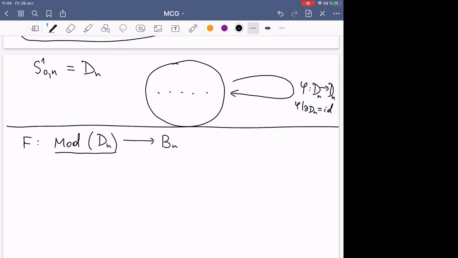Any such homeomorphism permutes the punctures in some way, and we can extend it to the punctures, so that we may think of phi as a homeomorphism of the whole disk to itself, such that phi preserves the boundary pointwise.